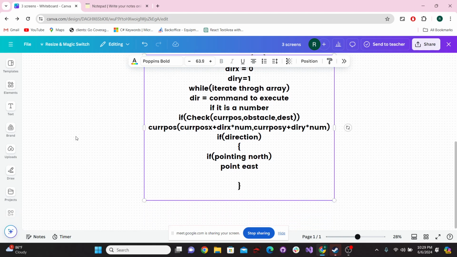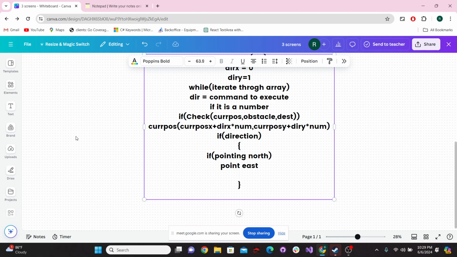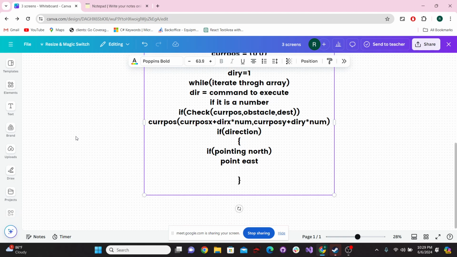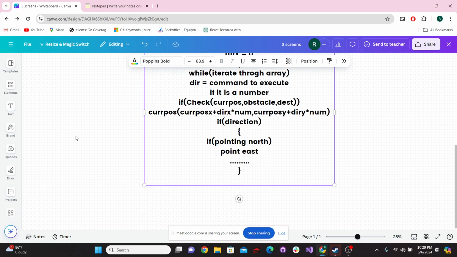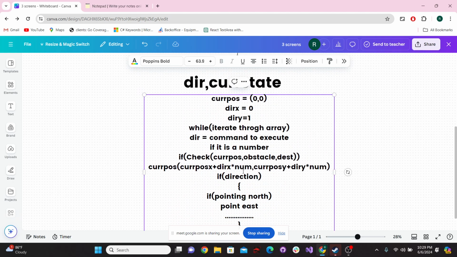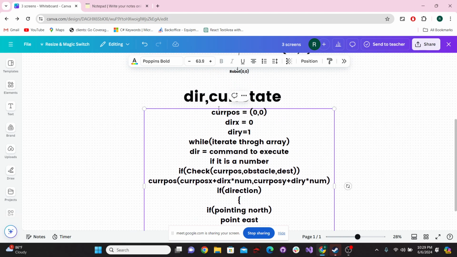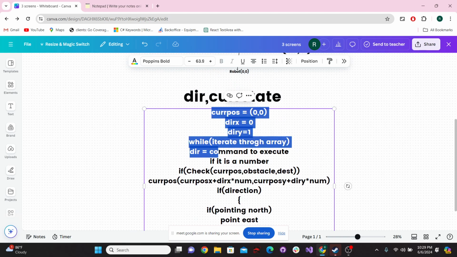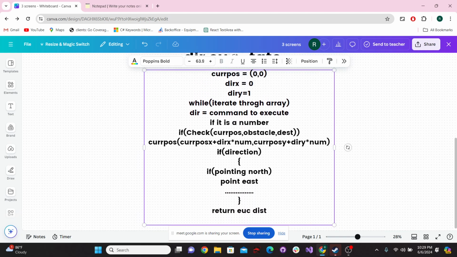For four conditions, four if-else clauses, you can just draw it in your notepad, see which direction it is going, change the direction, and finally return the Euclidean distance. Is this clear to you guys? Even if you're not able to understand the whole thing, you can see that the problem is now broken into micro problems.